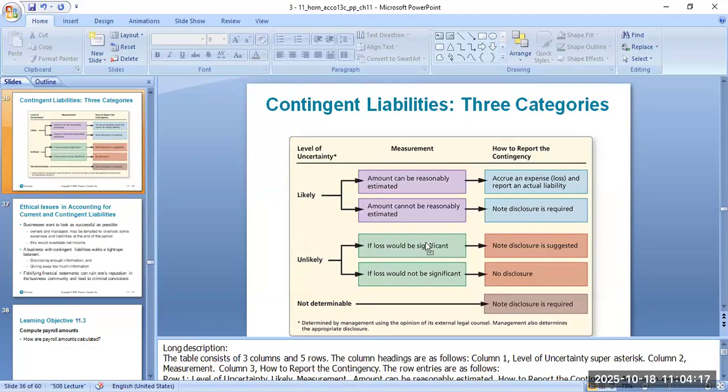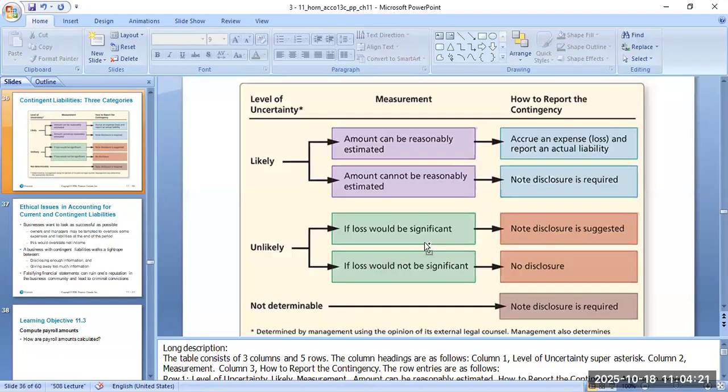So this is the decision tree. Watch this carefully. First, we have to measure the level of certainty. Is it likely? Is it unlikely? If it's likely, then we have to ask ourselves, can we measure it?